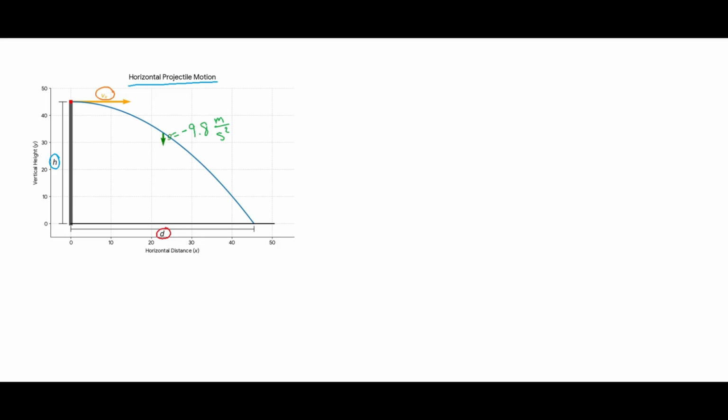What I want to emphasize first is that d, which is the distance, depends on the horizontal velocity. And that makes sense because if the horizontal velocity, which I will shade in orange, were to increase, then of course d will increase.